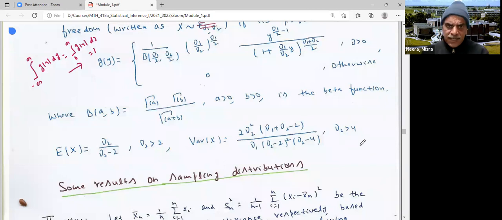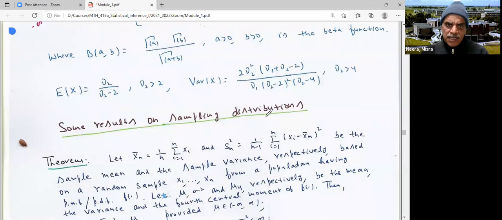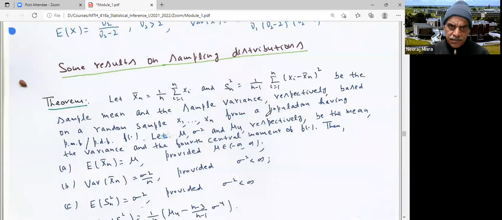Now, I can talk about some results on sampling distributions. Let x bar n and Sn squared, which I'm taking here as 1 upon n minus 1 summation xi minus x bar whole square, be the sample mean and the sample variance respectively based on a random sample X1 to Xn of a population having PMF or PDF f.